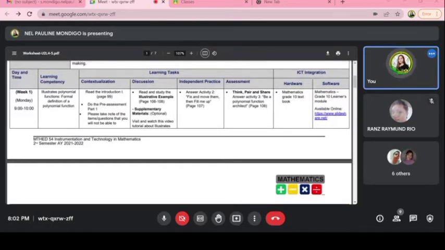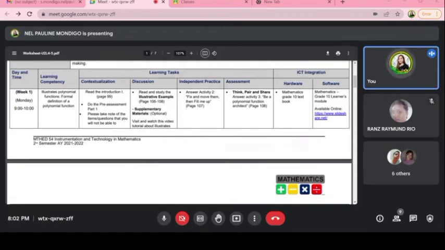For the independent practice, activity number 2, they answer Fix and Move Them, then Fill Me Up in page 107. And for the assessment, it will be a think, pair, and share. They will have to answer activity 3, Be a Polynomial Function Architect on page 108.